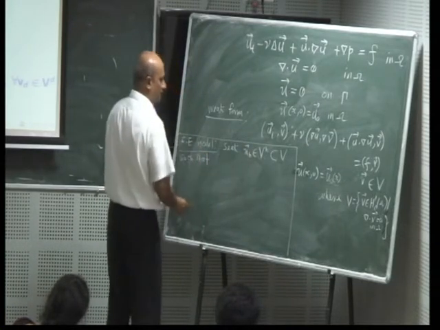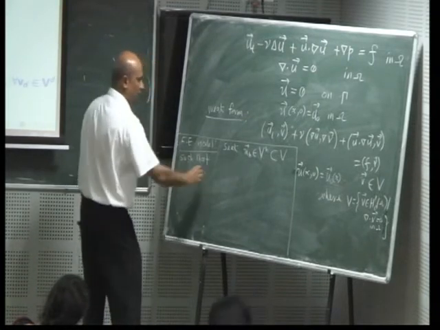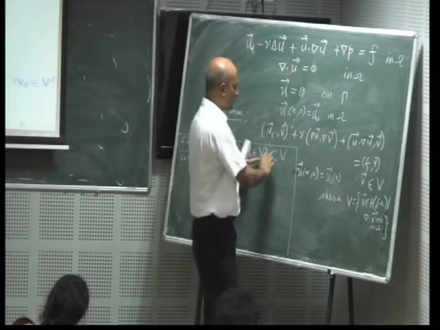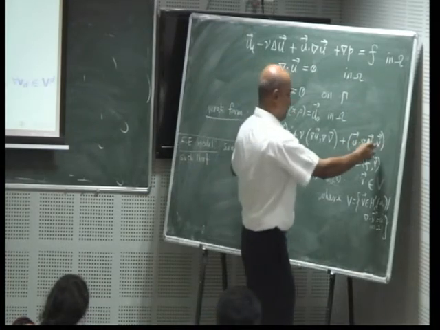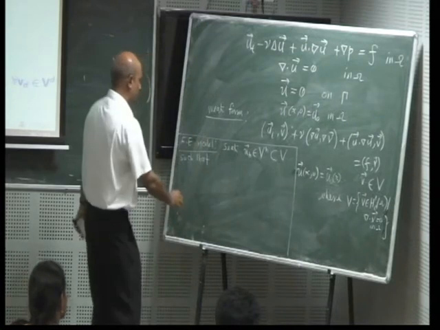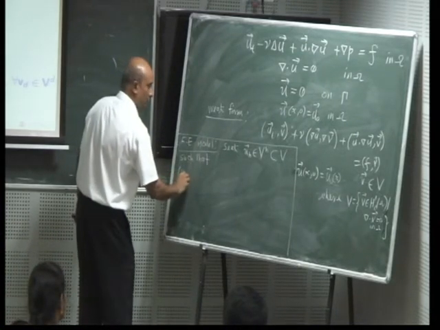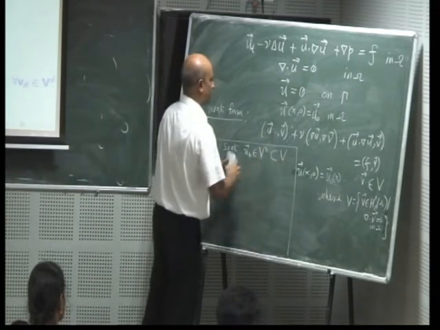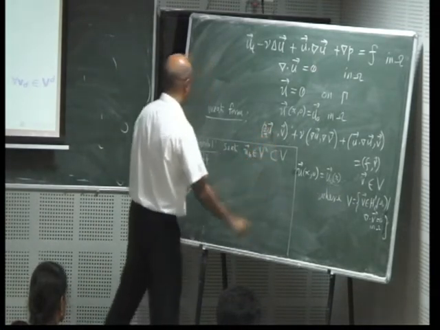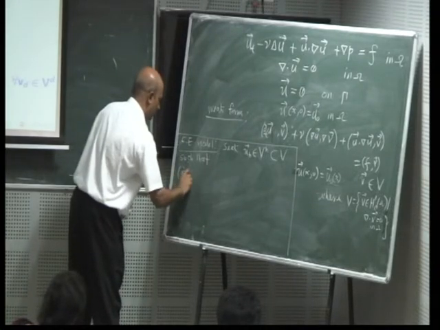u_h satisfies the following equation. Since V_h is a subspace of V, I take this weak form and restrict it to V_h. So this is your finite element model.